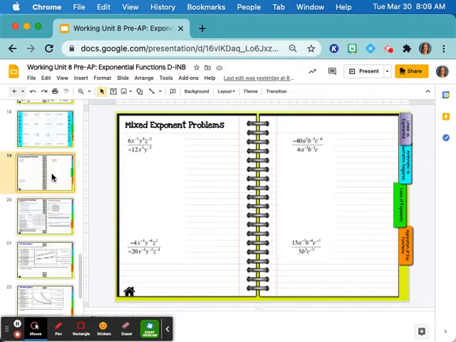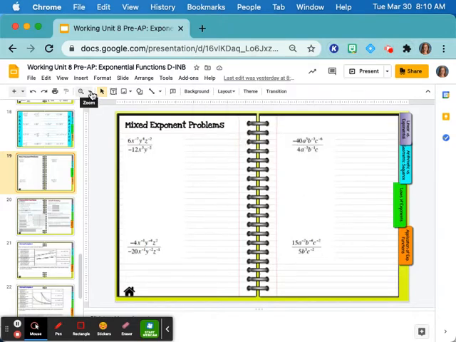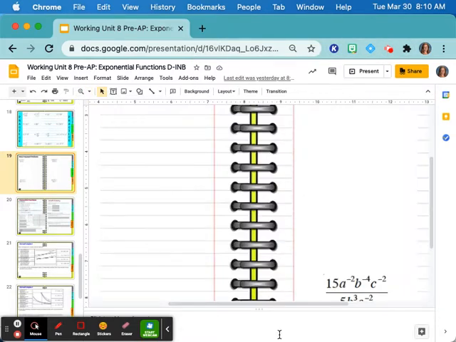Go ahead and write this first one down. I'm going to pause it while I write them down. All right, so we'll go ahead and look at the first one.